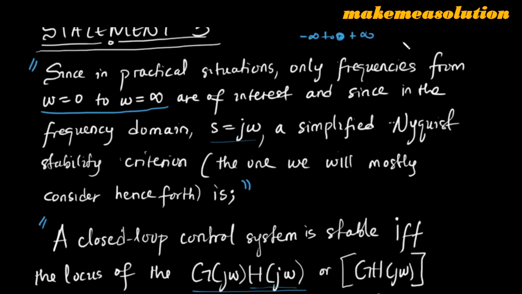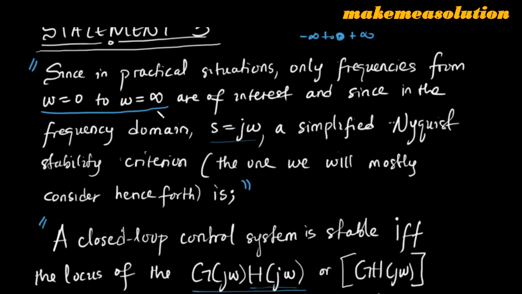Is that okay? So you're supposed to examine these particular frequencies so that you can know how your G of j omega and H of j omega behaves. But in practical situations, we are not interested in negative frequencies, that's from -infinity to 0. We just consider only 0 to plus infinity.